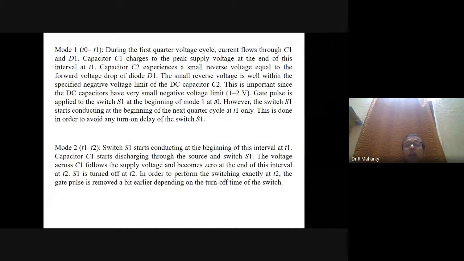During the first quarter cycle, current flows through C1 and D1. The capacitor C1 charges to peak supply voltage at the end of this interval at T1. That means at the end of this interval, the capacitor is charged to this maximum voltage here.